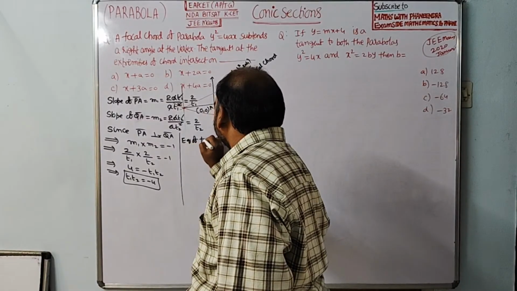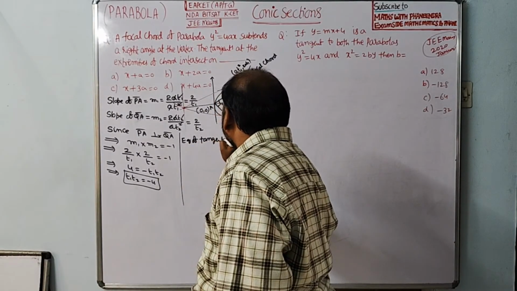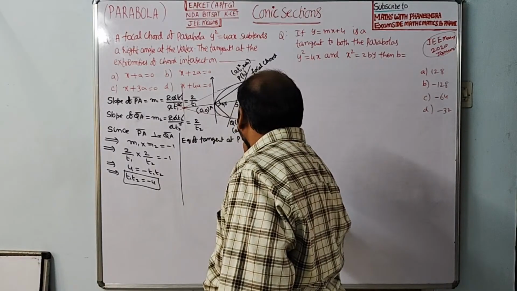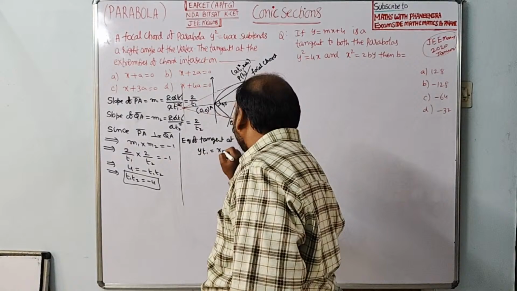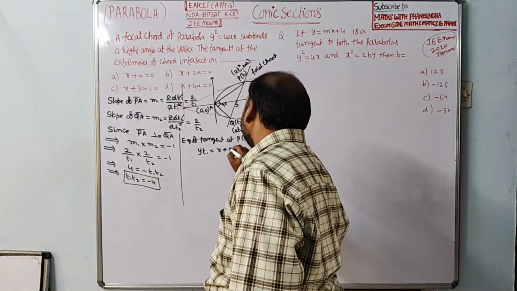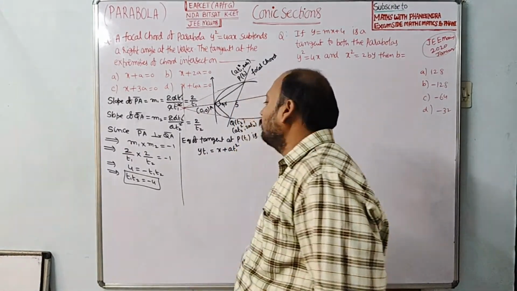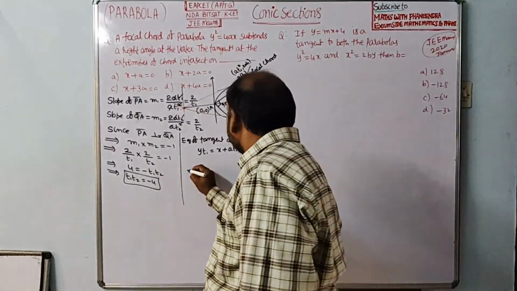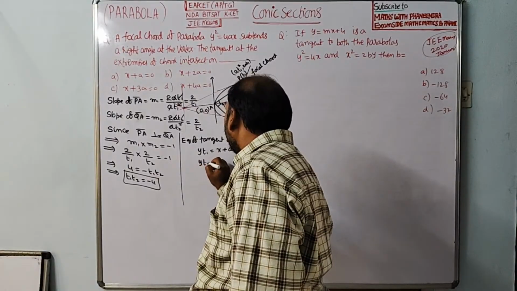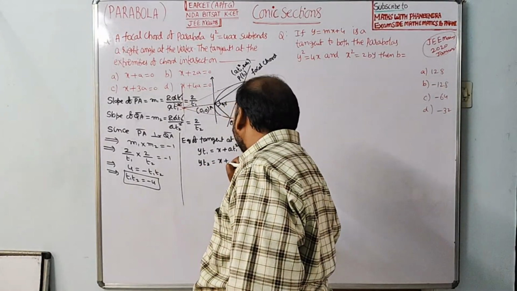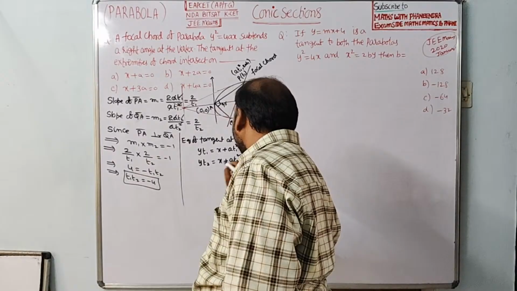Equation of tangent at P of t1 is y t1 is equal to x plus a t1 square. Okay. Similarly, equation of tangent at P of t2, y t2 is equal to x plus a t2 square.